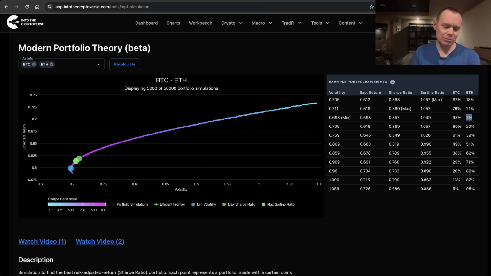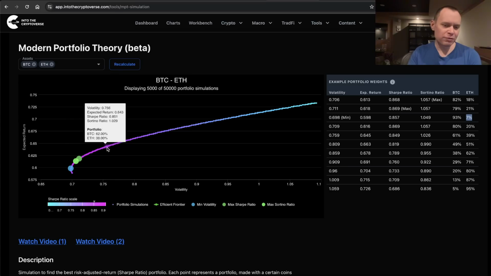Okay? So there's a lot of ways you can go about crafting a portfolio based on your risk-adjusted returns. Now, your risk-adjusted returns do not always reflect the maximum return that you can in fact get. It's the maximum return per unit of risk that you're taking on. So in this case, if we hover over some of these data points, you can see right here, it's about 80% Bitcoin, 20% ETH, right? 80-20.